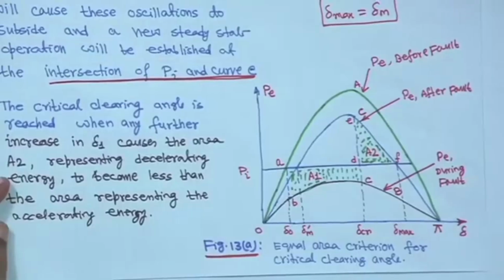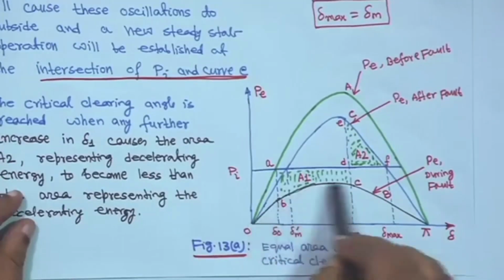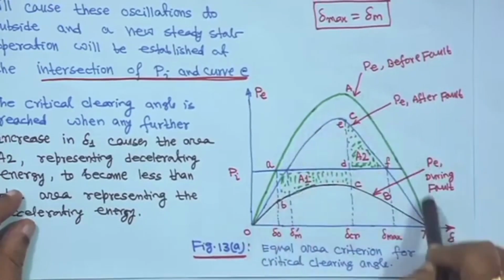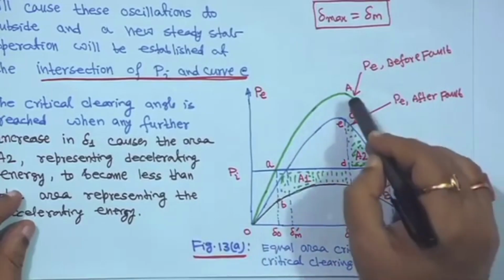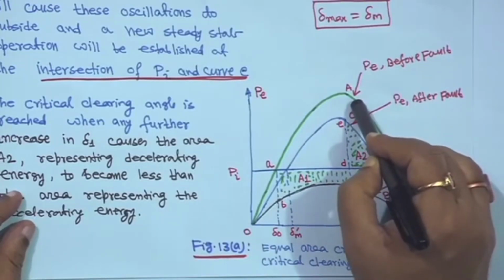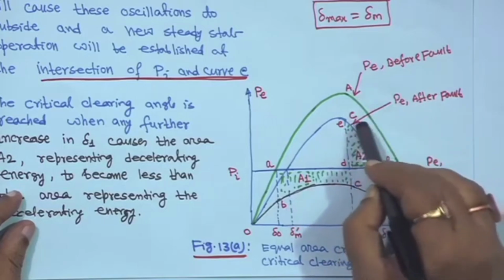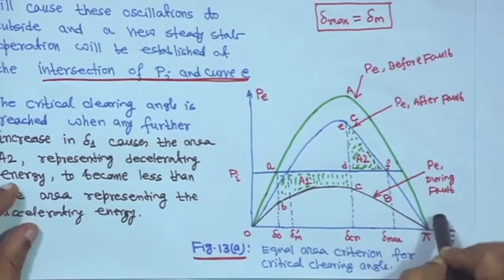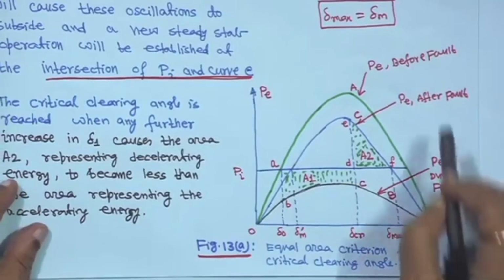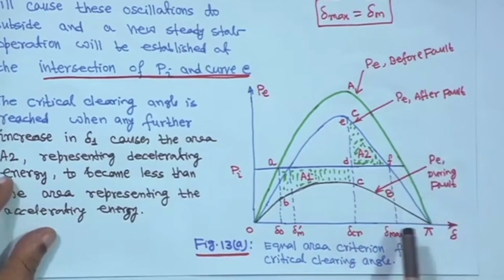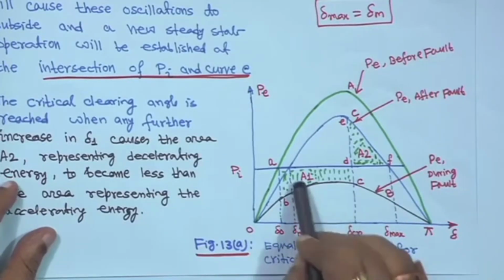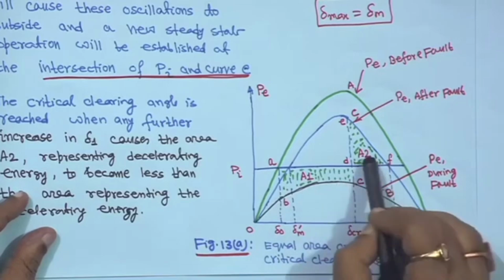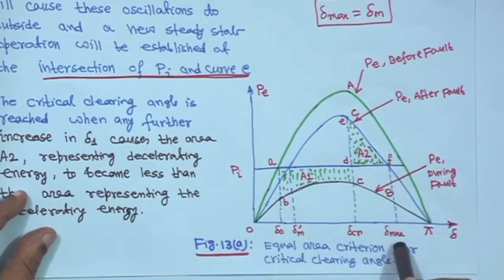This is the same graph: the black one, the blue one and the green one. Graph A is before fault, that is pre-fault, this is during fault, and this is post fault, after the fault is cleared. Suppose we have gone maximum up to delta CR. This is the accelerating energy A1, this is A2, and this is delta M equal to delta max.